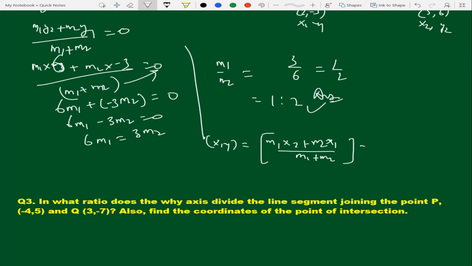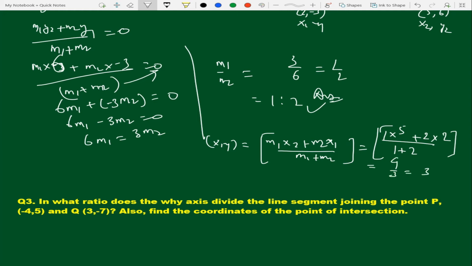Value of m1 is 1 and x2 is 5, plus m2 is 2 and x1 is 2, upon 1 plus 2. So this will become (5 plus 4) by 3, which is 9 by 3, so this is 3.